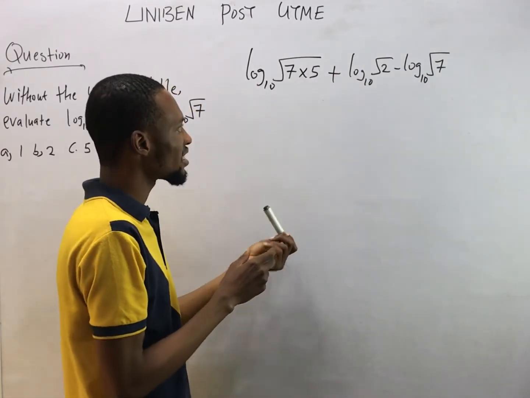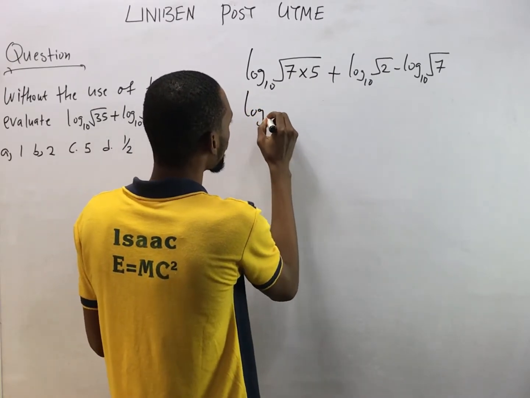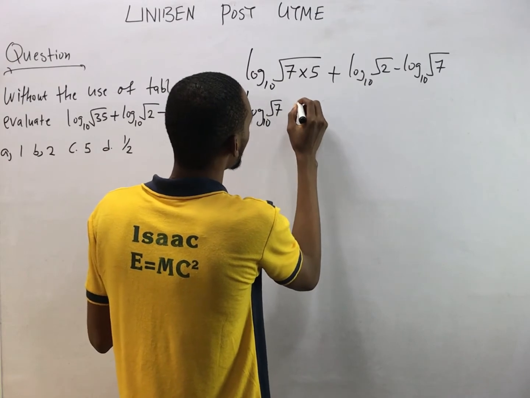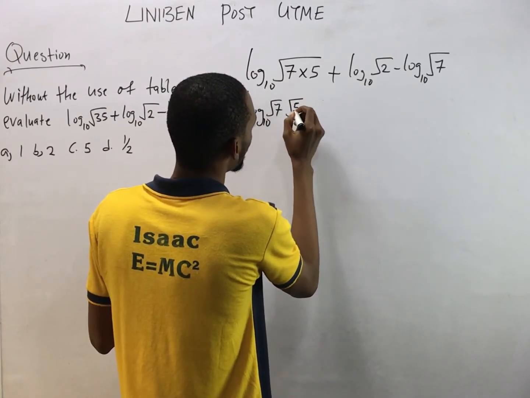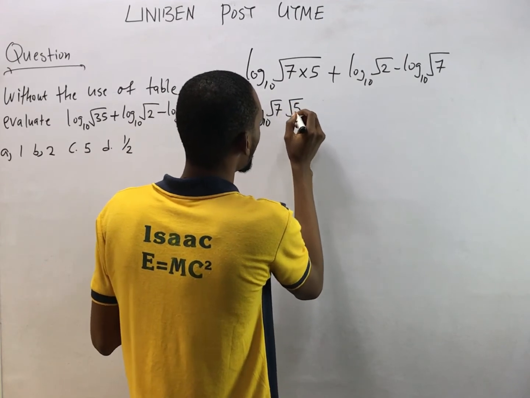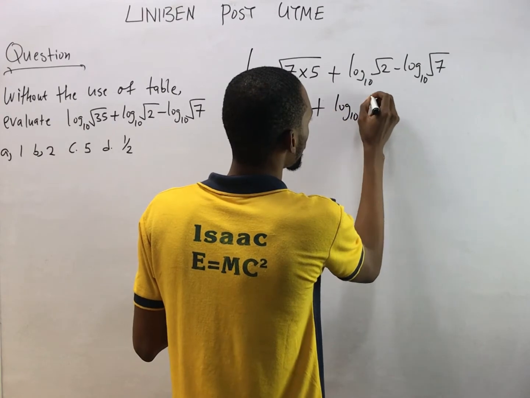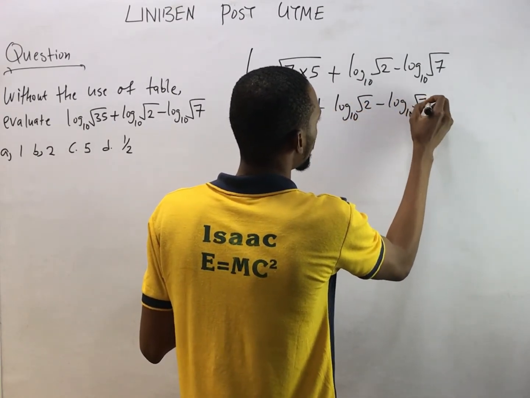Now, rewriting that is the same thing as log root 7 times root 5 plus root 7.